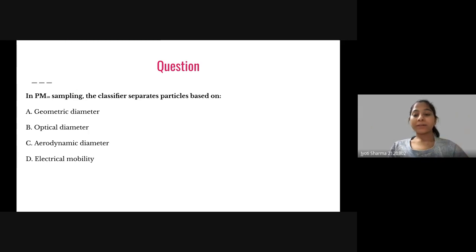In particulate matter 10 sampling, the first instrument is the classifier, or this is the broad terminology actually. The classifiers separate particles based on geometric diameter, optical diameter, aerodynamic diameter, and electrical mobility.